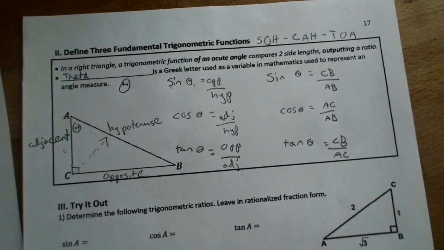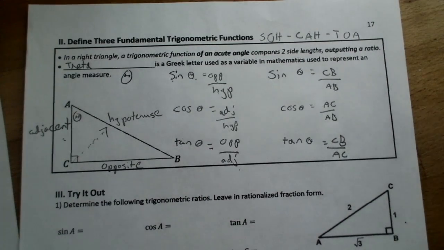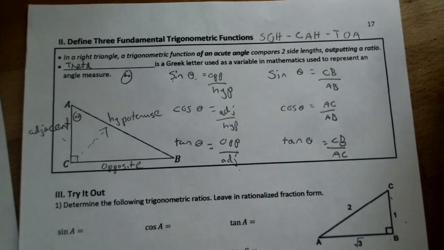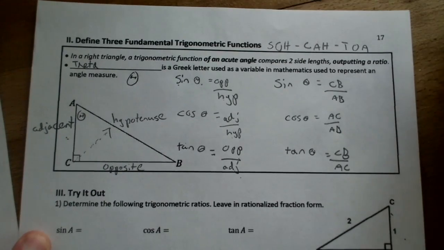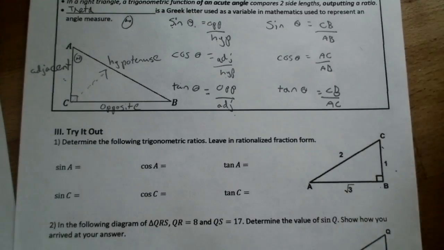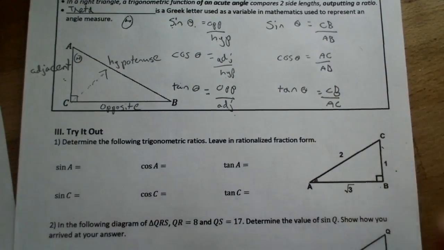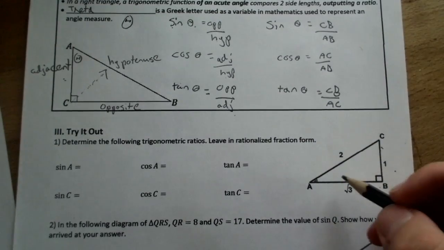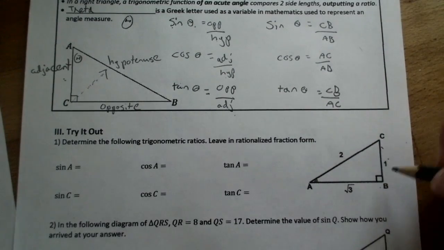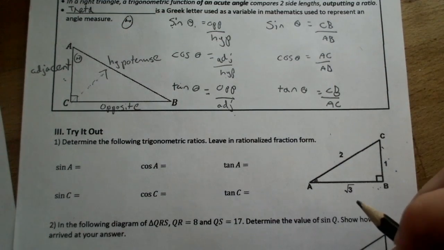All right, if we're going to apply these terms with our try it out section here, let's take a look. So here we have triangle ABC, and we're asked in this first example to use sine theta A, or sine reference angle A. So in this particular example, we're going to put our theta in the bottom left-hand corner, and we'll have our opposite side, our adjacent side, the one connected to our 90, and then our hypotenuse.